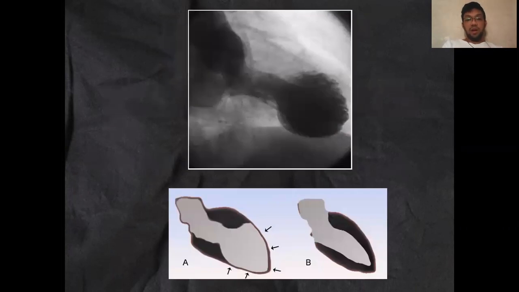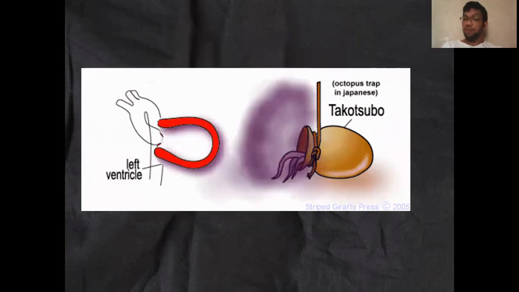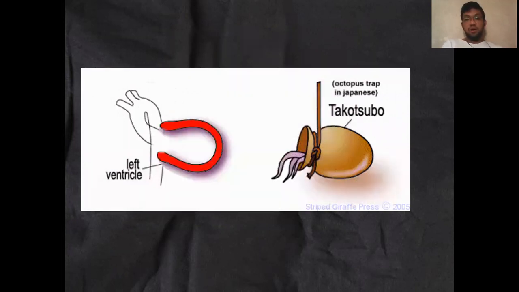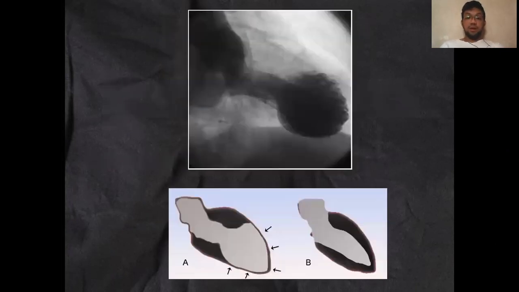So as you can see here, the heart becomes like this, the octopus trap in Japanese, the Takotsubo. That's why it's termed Takotsubo cardiomyopathy. What happens is the midsection and the apex of the heart are weakened, as you can see here in the illustration.